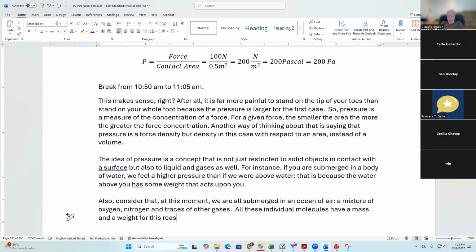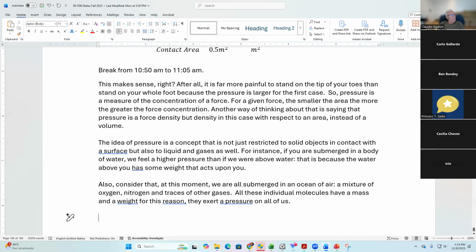For this reason, they exert a pressure on all of us. Can you picture that? Okay. That's how we can quantify the pressure that we feel not only here at the surface of the earth, but if we are submerged in a body of water.